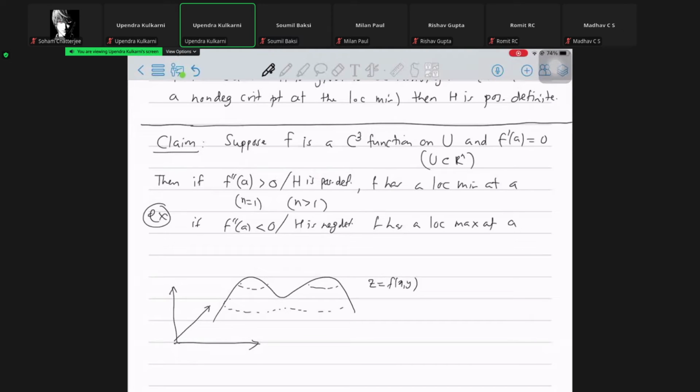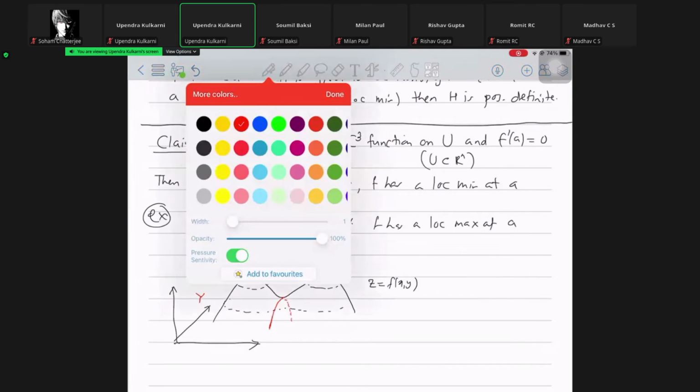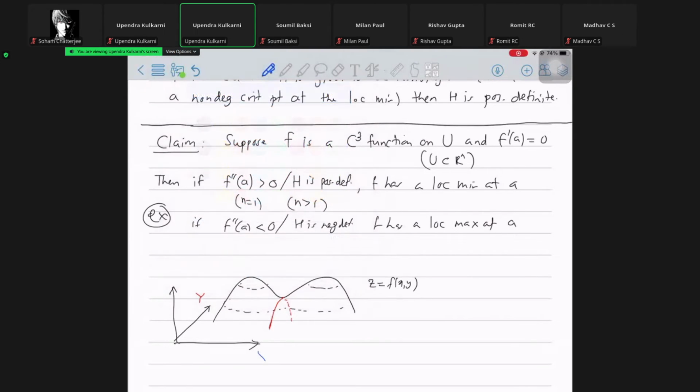So the way this is happening is that if I take this curve, I'm going from this side of the valley to the other side. So in other words, I'm going in what direction? I'm going in the y direction. So let's say that's the y direction, and let us say this is the x direction.